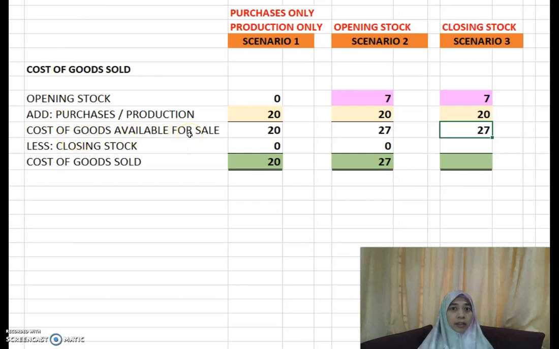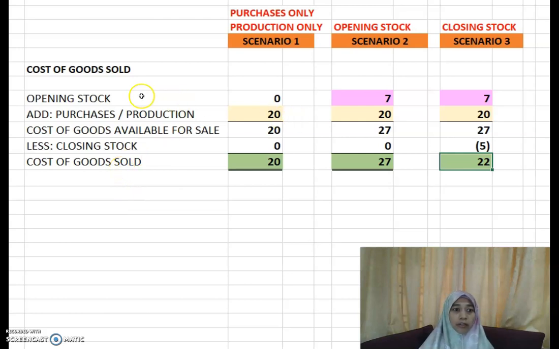But at the end of the period, you still have 5 in your balance, your ending inventory or closing stock. So actually, how much have you sold? Your cost of goods sold will be 22. So that's how you calculate your cost of goods sold.